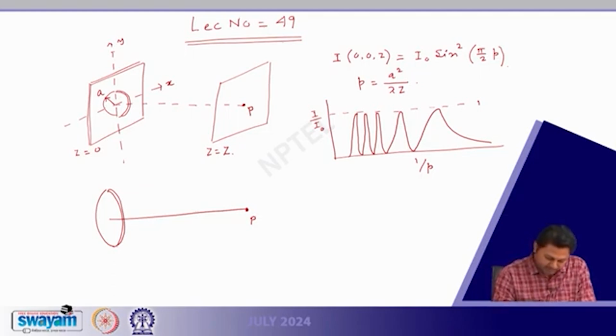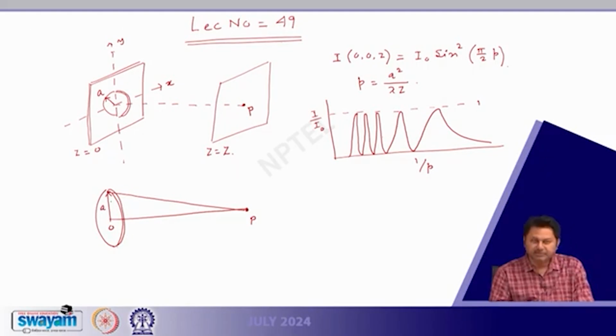If I join this, this is O, and this is the value A, which is the radius of the aperture.